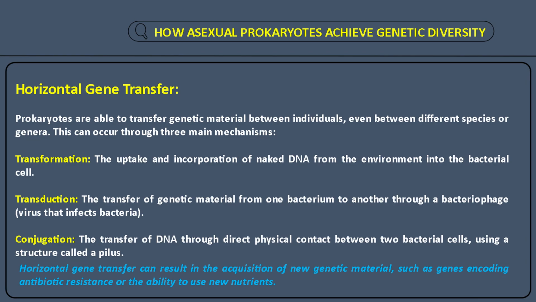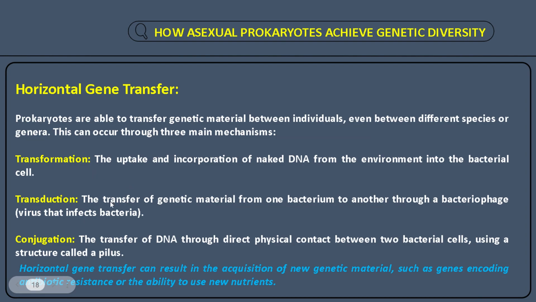In other words, always remember that it involves the movement of genetic material between organisms that are not related by descent, such as between bacteria or between bacteria and eukaryotic organisms. Horizontal gene transfer can occur through several mechanisms, including transformation, transduction, and conjugation.